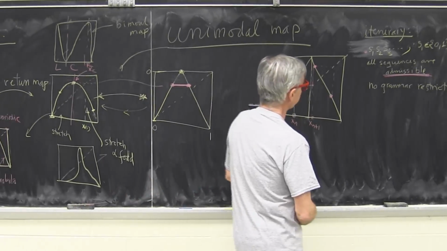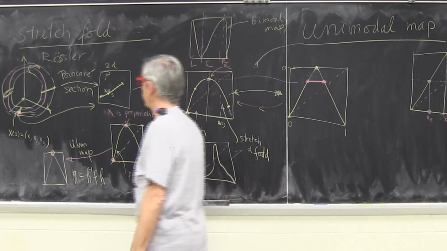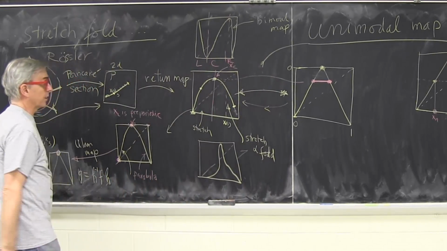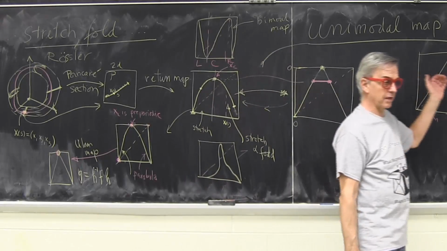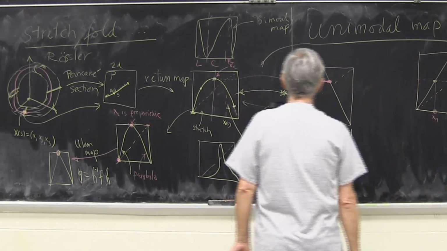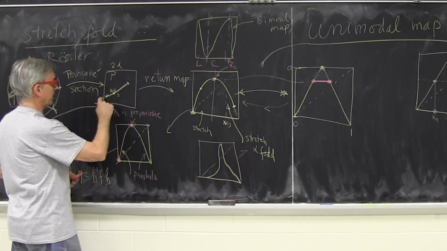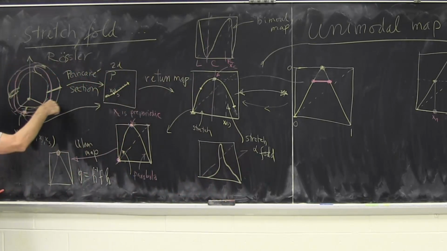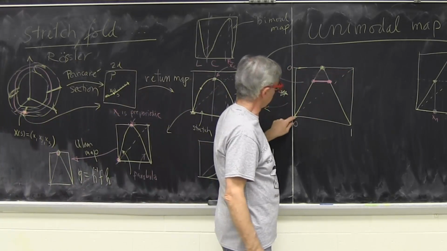So that's unrestricted grammar. But when you look at Rossler's system, or any system that we really look at, this is extremely non-generic behavior, because it requires that this return map, where the turning happens, lands exactly at a fixed point.